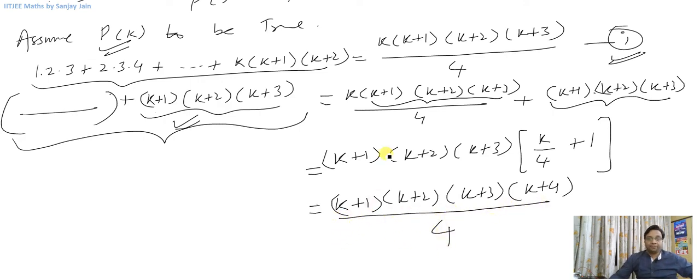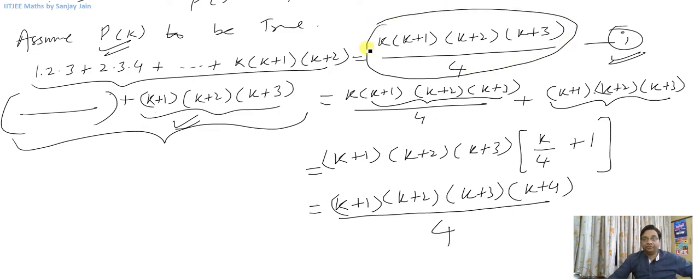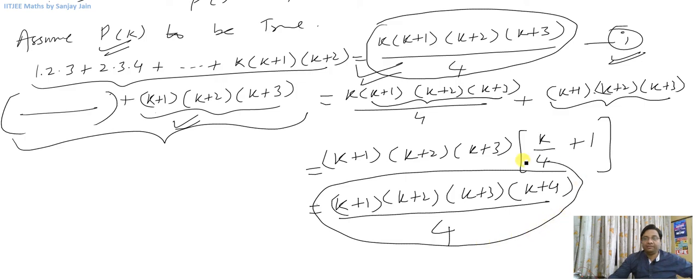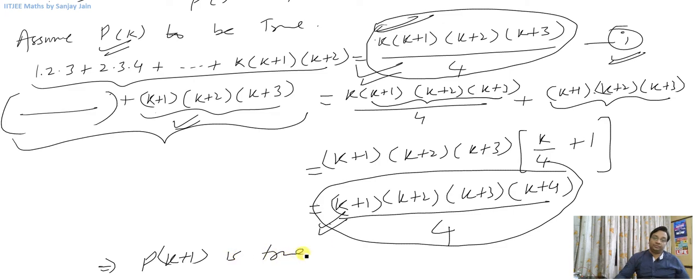So it will be like this. This was for P of k, right? And if you compare this and this, you will see that everywhere in this statement k is replaced by k plus 1 here. So I can say that P of k plus 1 is true, right?